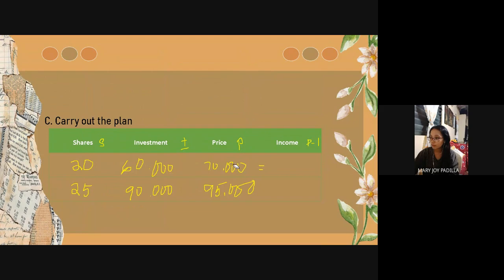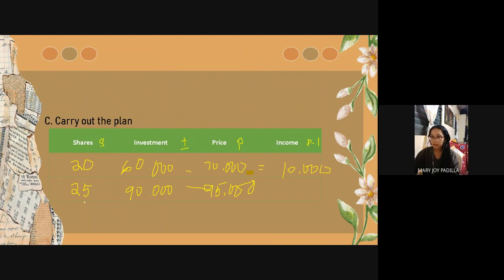I'm so sorry. We're going to subtract this. We're going to subtract the investment and price. So, 60,000 pesos minus 70,000 pesos is equal to 10,000 pesos.